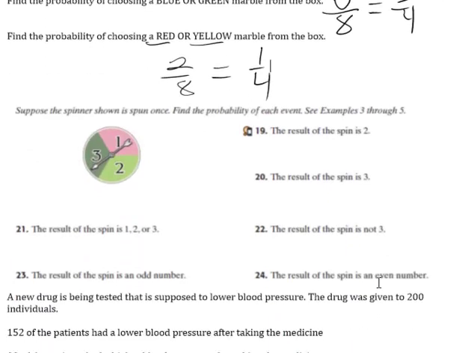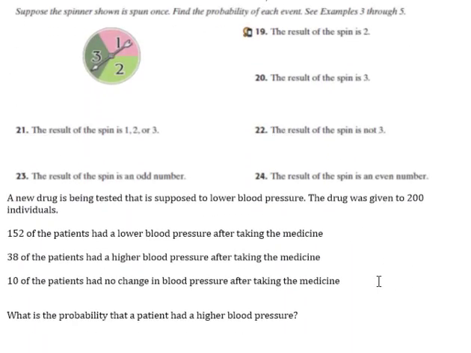Okay. The next part here says, suppose the spinner shown is spun once. Find the probability of each event. Okay, so if you notice, we have a total of 3 possibilities. It can either be a 1, 2, or 3. So number 19 says the result of the spin is a 2.